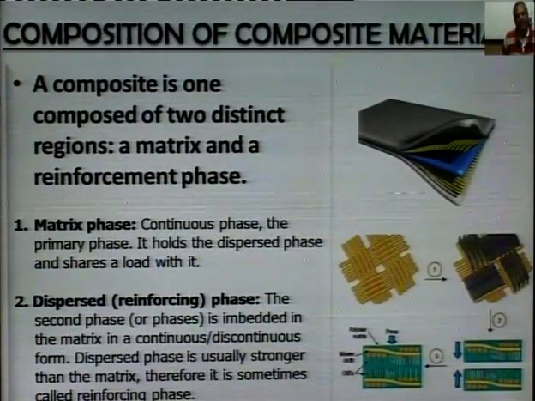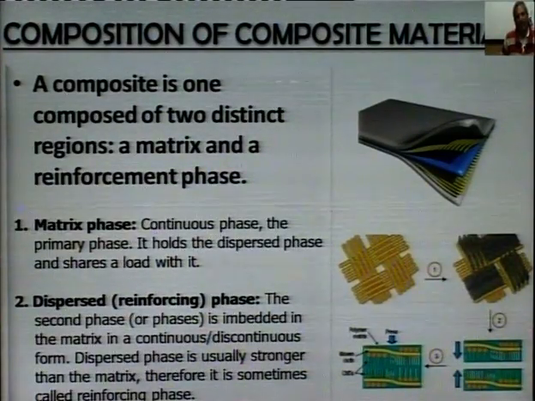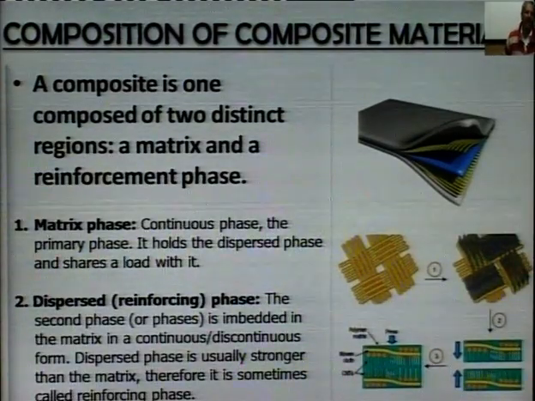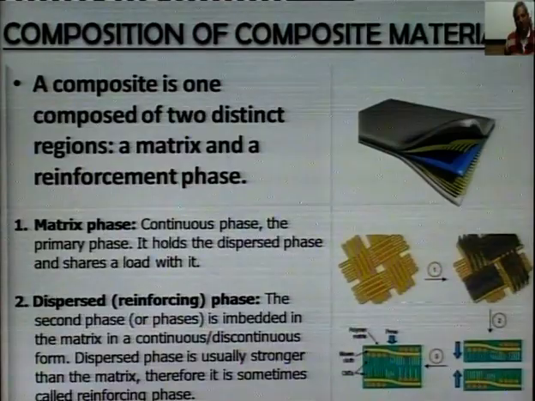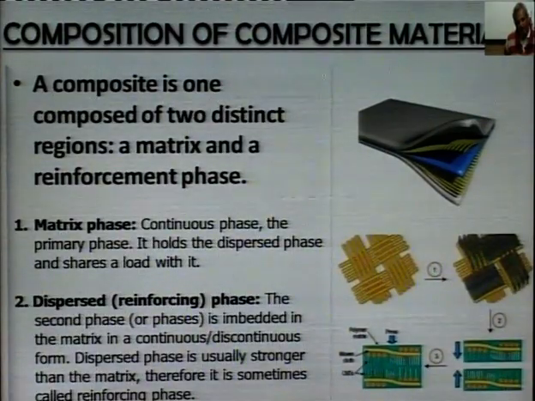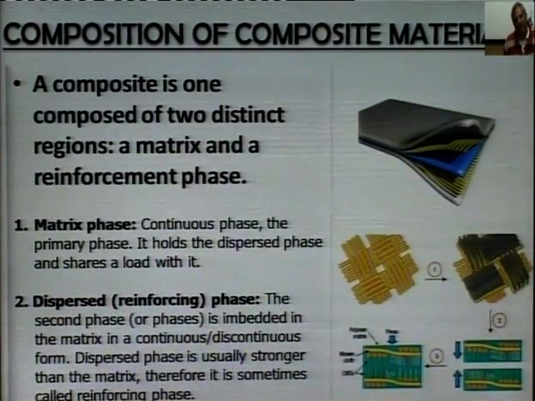A composite is one composed of two distinct regions, a matrix and a reinforced phase. Matrix phase is the continuous phase, the primary phase. It holds the dispersed phase and shares a load with it.